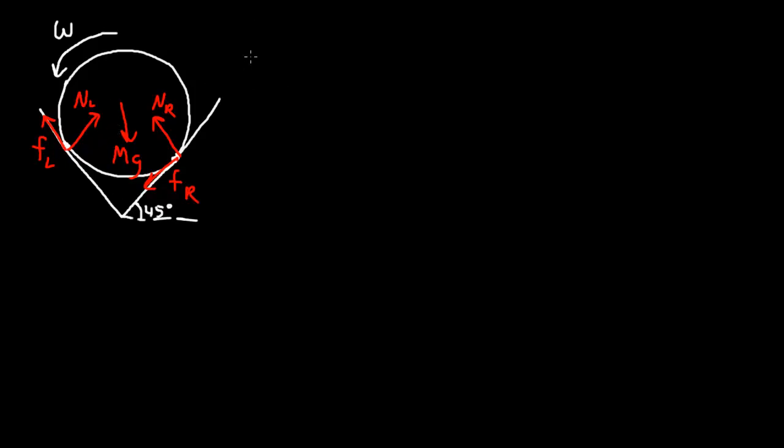So we can use that to write down two equations of motion. So let's see, equilibrium in the x direction. So what are the forces in the x direction? Well, we have the friction force on the left and on the right both act towards negative x, so I'll write minus F sub L, and now the component of F sub L acting in the x direction is just going to be F_L cosine of 45 degrees, but that's 1 over square root of 2, so I'll put that in right away.